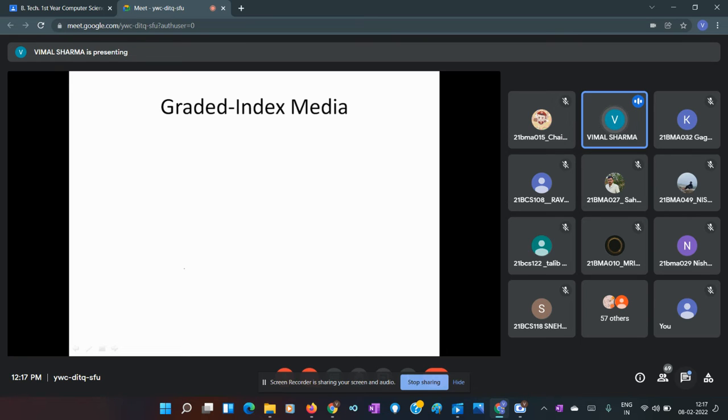Index is refractive index, and if a medium or material has a uniform refractive index, there is no change in the refractive index of the medium. As we know, suppose I have this glass slab. The refractive index of this remains the same throughout its length.